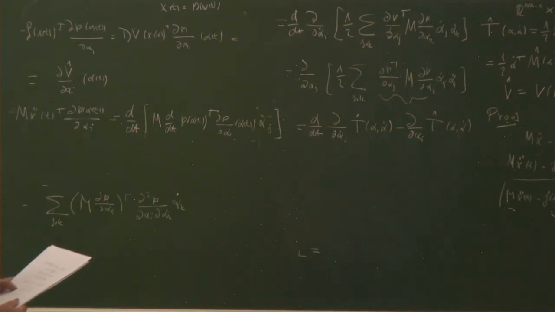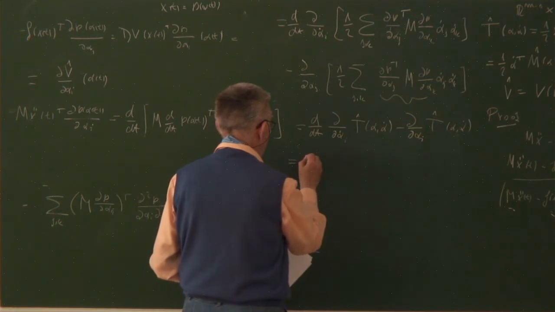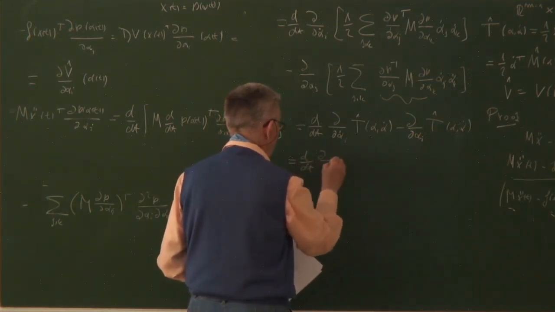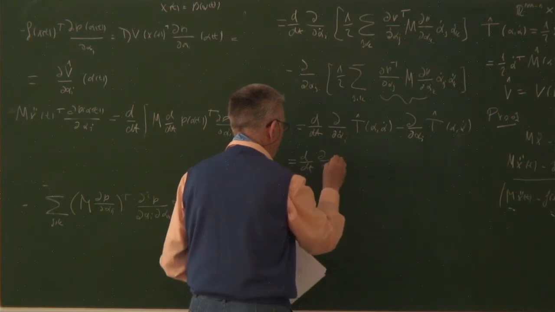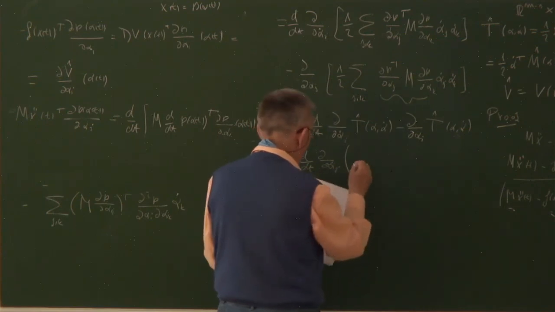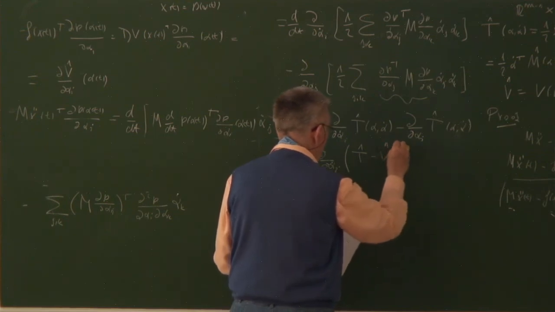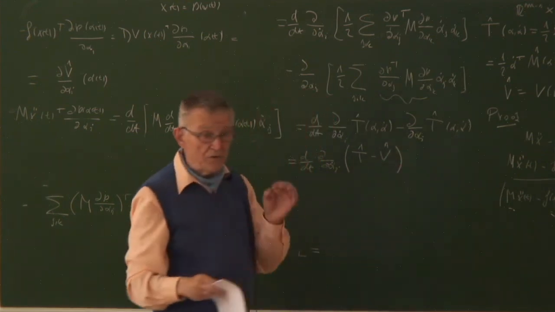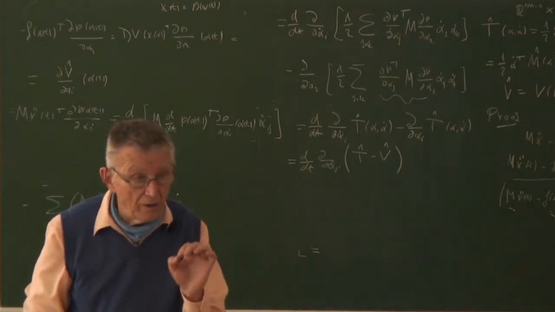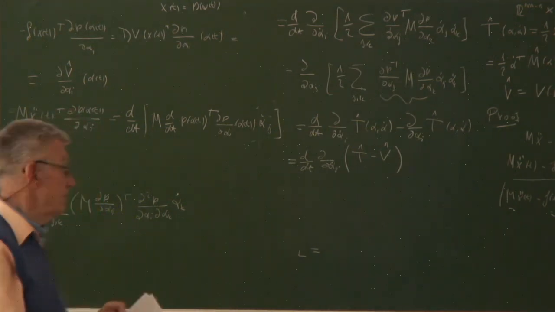Well, now this can be rewritten as d over dt d over d alpha I dot of t hat minus v hat. Why? Because v hat does not depend on the velocities. It is only a function of the first m minus s variables.